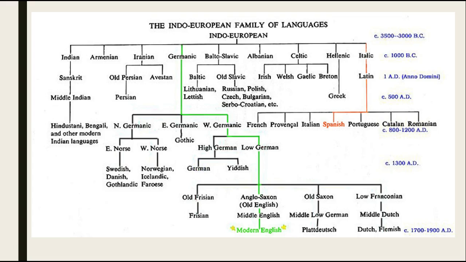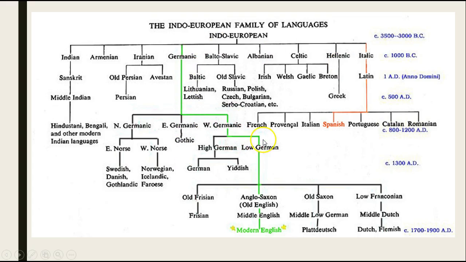And here we see the Indo-European family tree, or honestly a highly simplified version of it. If you Google Indo-European family tree, you will find many graphs which will make your head spin. But you can see here, we've got a series of daughter languages: Indian, Armenian, Iranian, Germanic, Balto-Slavic, Albanian, Celtic, Hellenic, Italic. You can see English down here.